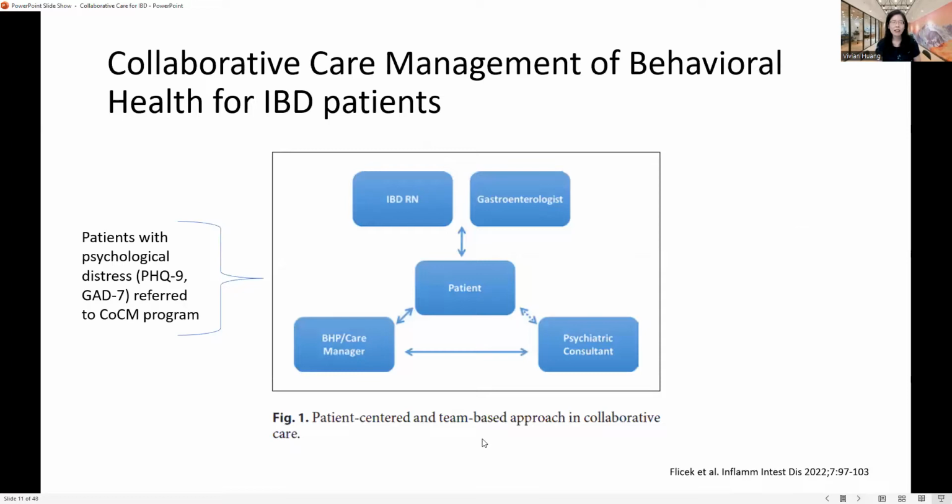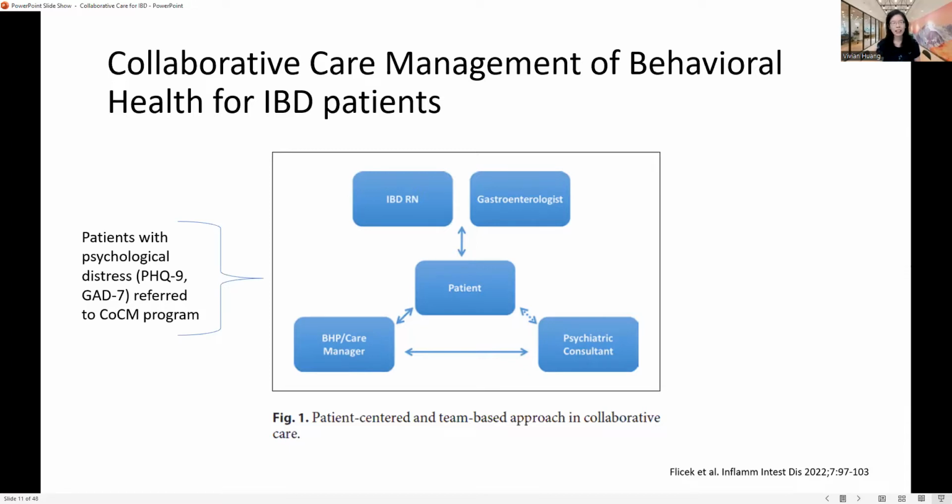And then the other approach to collaborative care is actually intervening in a collaborative way. Many of us probably lack access to psychologists or psychiatrists. In this article, this center developed a collaborative care model, which is illustrated in the middle. They had a care manager and psychiatric consultant, and then the IBD nurse and the gastroenterologist.